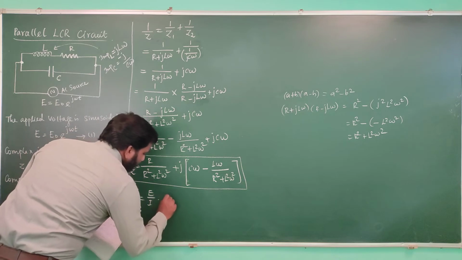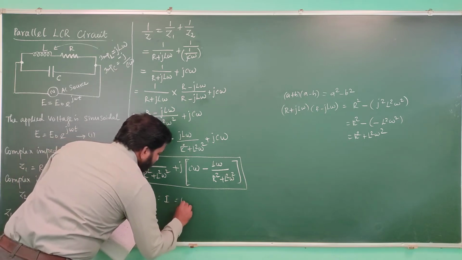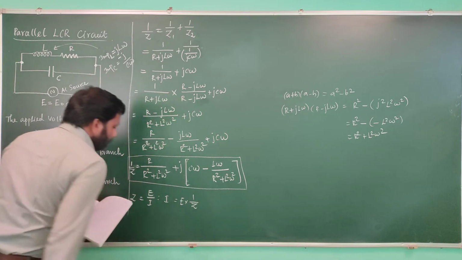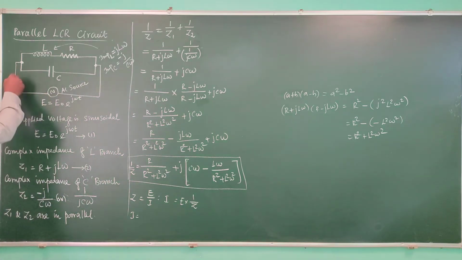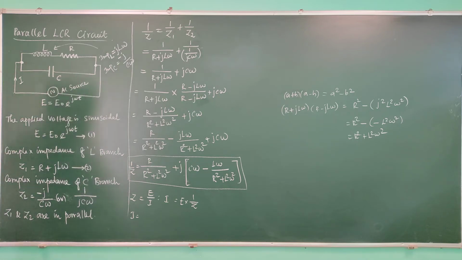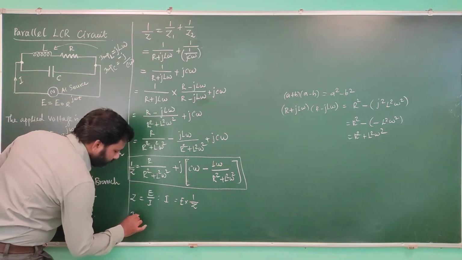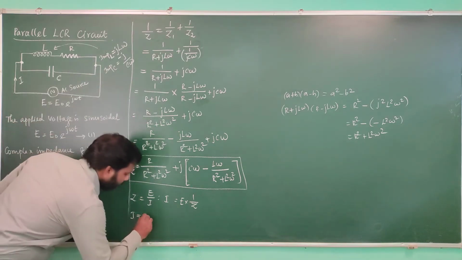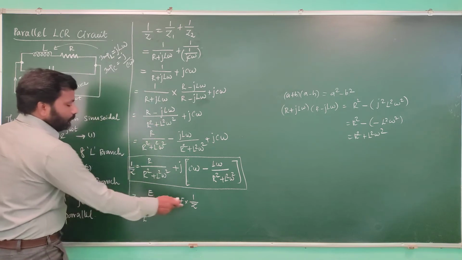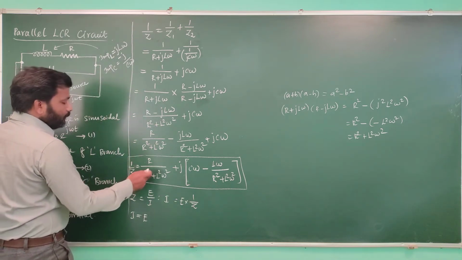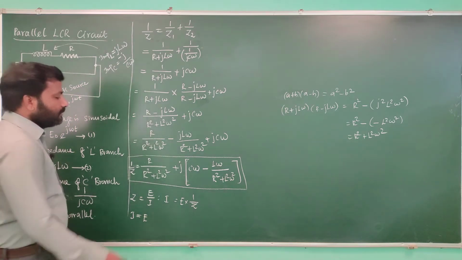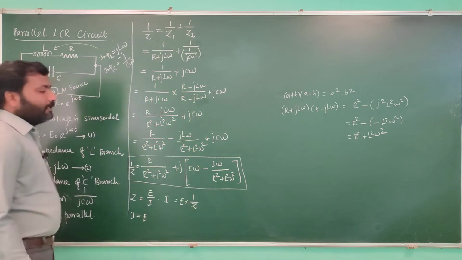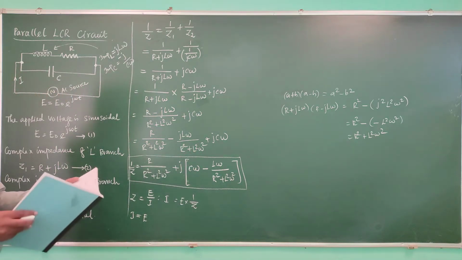And if you rewrite this equation for I, then you can write E into 1 by Z. So we can write the expression for current through this parallel LCR circuit as E times this term. 1 by Z is nothing but R by R square plus L square omega square plus j multiplied by (omega C minus L omega by R square plus L square omega square).